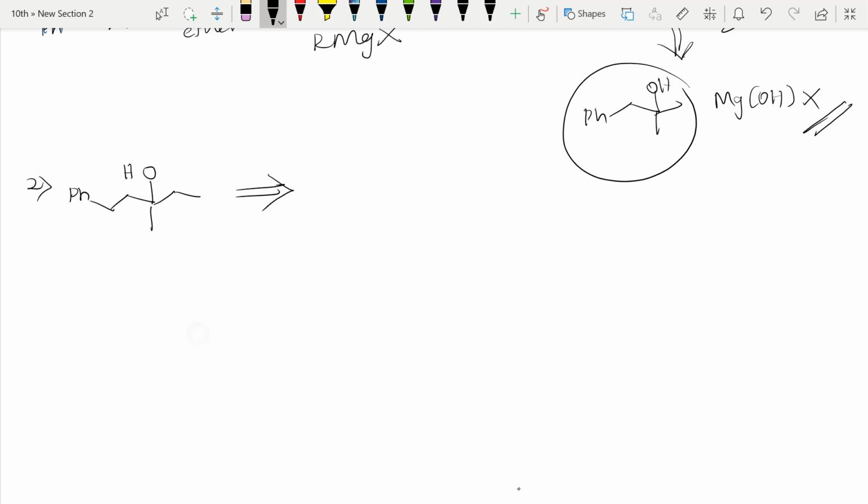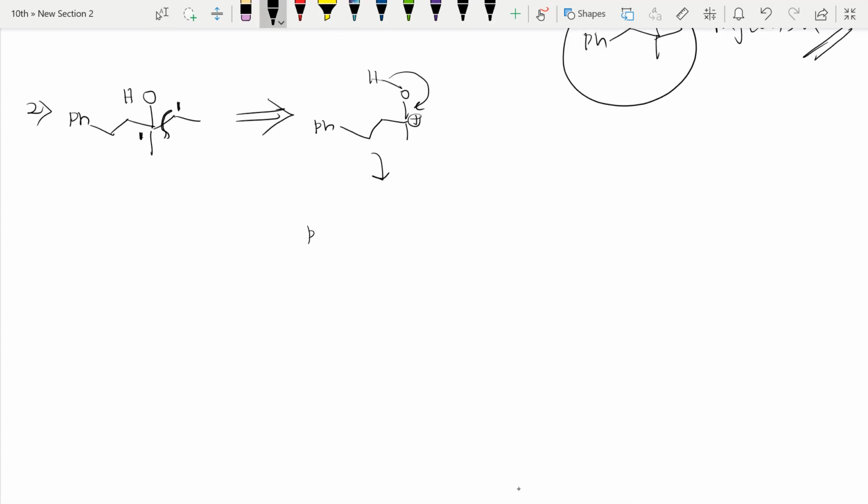So here, I will do the cleavage here. This is functional group 1 and this is the 1 cleavage I am going to do. Why only this one? Because I can get a Grignard reagent and also I will get this, with OH and plus here. If I break this bond, I will get a ketone: PhCH2 C double bond O and CH3, right?